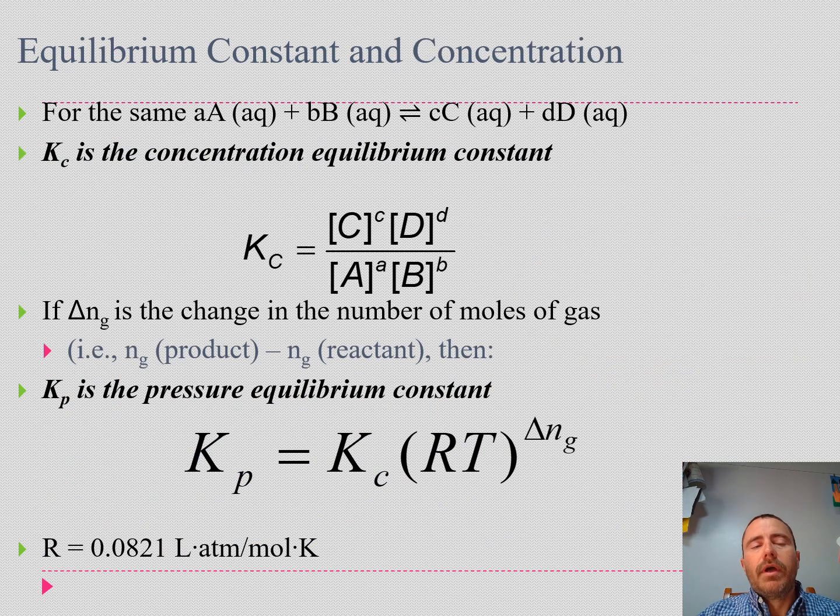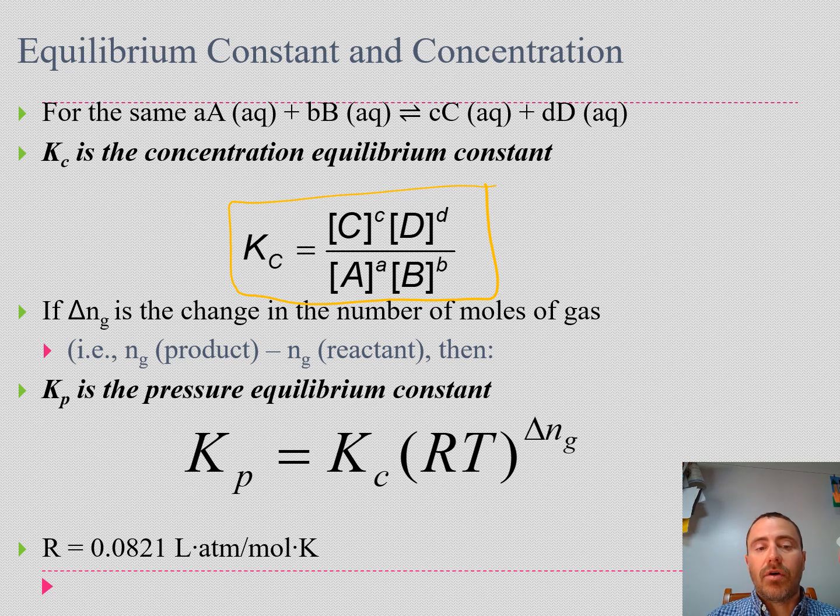All right, now we can do the same thing if all of our species here were concentrations, where they were aqueous. Notice that the equation itself is ridiculously similar to what we just had for pressures. I'm going to give this the symbol Kc, meaning this is for the concentration equilibrium constant, just meaning that everything in this has a concentration associated with it.